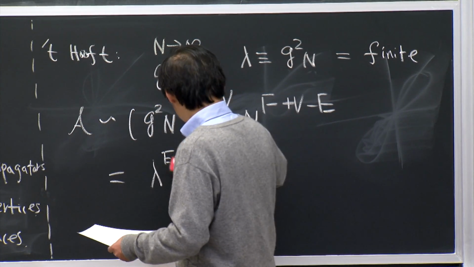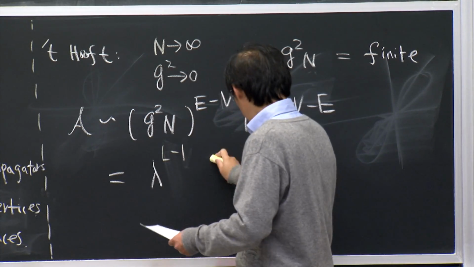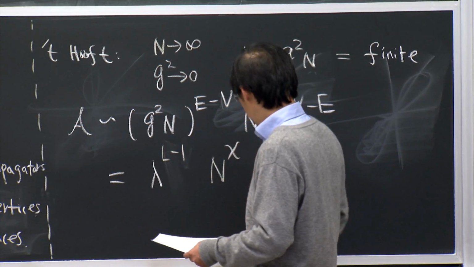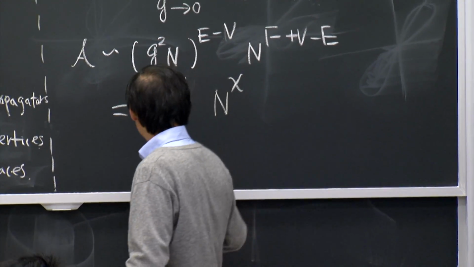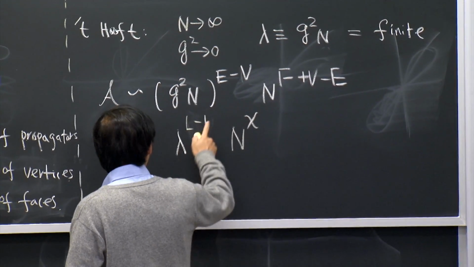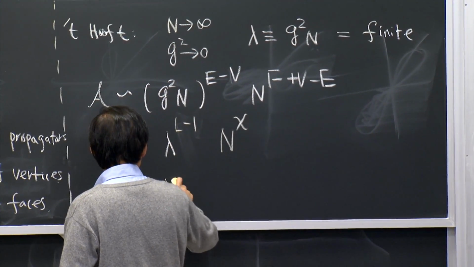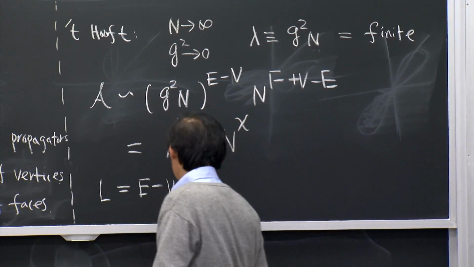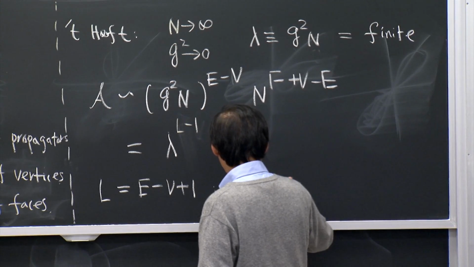So let me just write it as lambda to the power l minus 1, n to the power chi. So now let me explain my notation. First, L is equal to e minus v plus 1. It's the number of loops in the diagram.